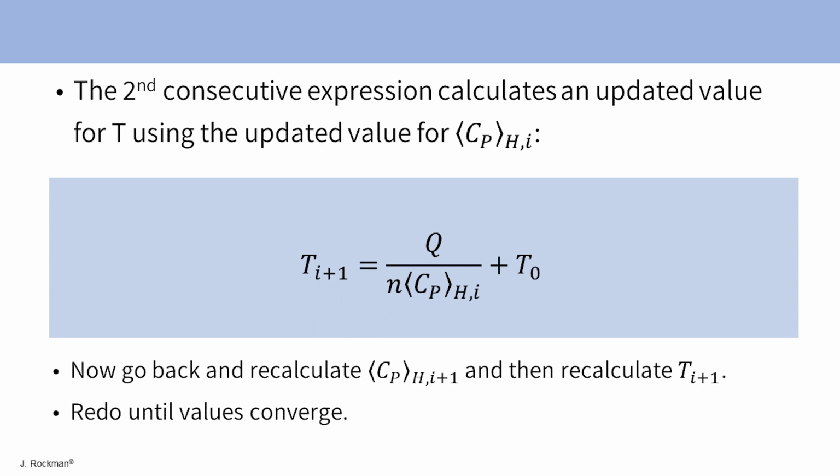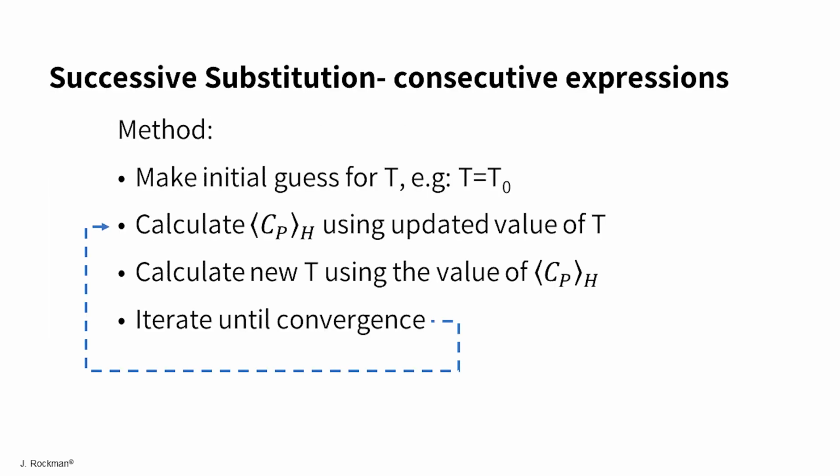This we add to T0. And now we use this value of T to calculate an updated value for Cp of H. We repeat this until the values for Cp of H and T converge. To summarize the method, make an initial guess for T, for example T equals T0, calculate Cp of H using this value for T, calculate new T using the value for Cp of H, and iterate this until convergence.